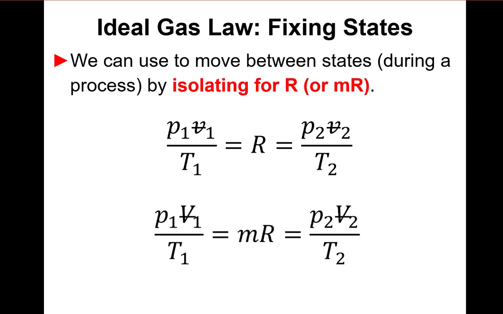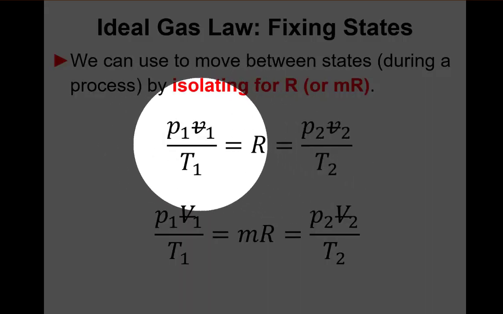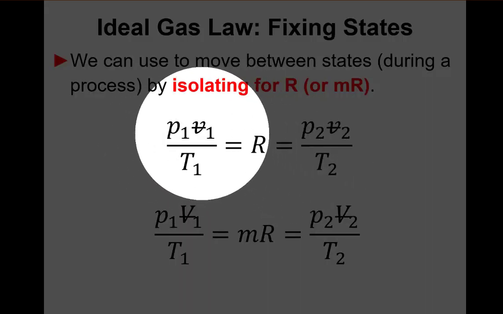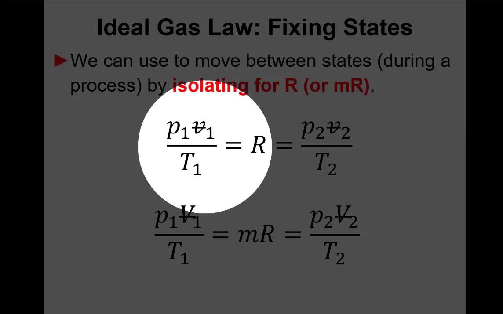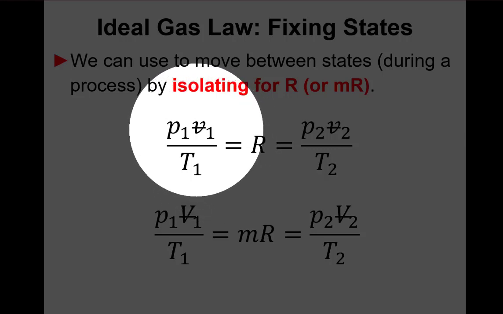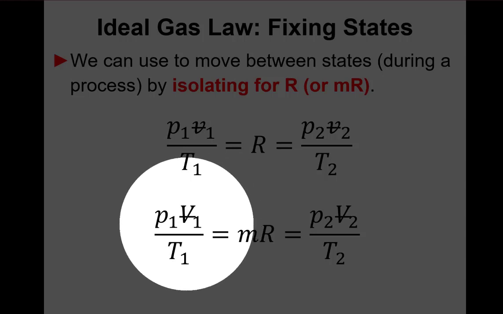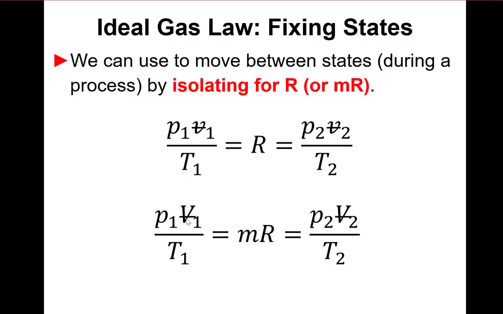Or it's the same thing if I multiply everything by the mass. So this is a pressure times a specific volume, but we usually don't know specific volumes when we're talking about these internal combustion engines. Instead, we tend to know volumes. So here we can say pressure times volume over temperature is constant.